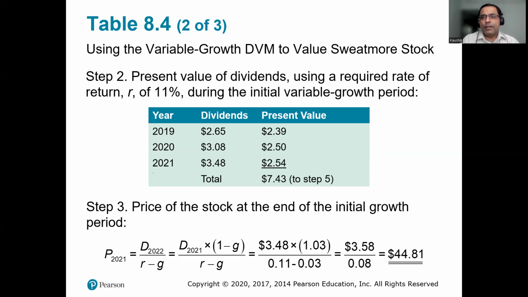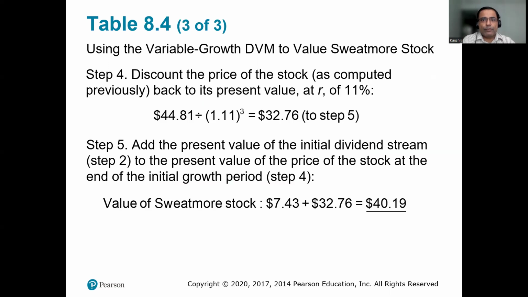Then we find the stock price at the end of 2021. So for that, we use the constant rate growth model to find the stock price. And we get the stock price at the end of 2021. We discount that stock price to its present value. We add the two present values of initial few years dividend and present value of the stock price in future. And we get the intrinsic value of this.